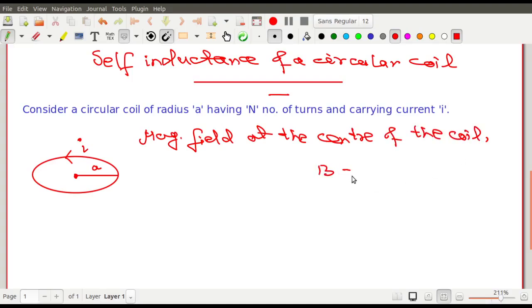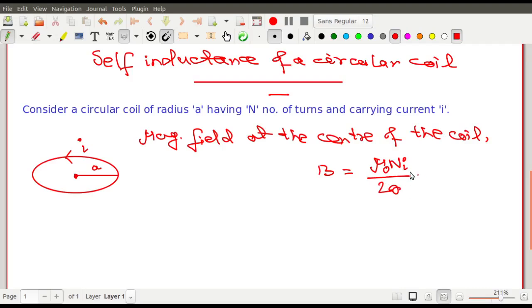The expression that you know, as far as I remember, is mu 0 I by 2R. This was the expression for the magnetic field at the center of the coil. But if it has n number of turns, then that should be multiplied by n. So mu 0 nI by 2R, because there are n number of turns of this particular coil.